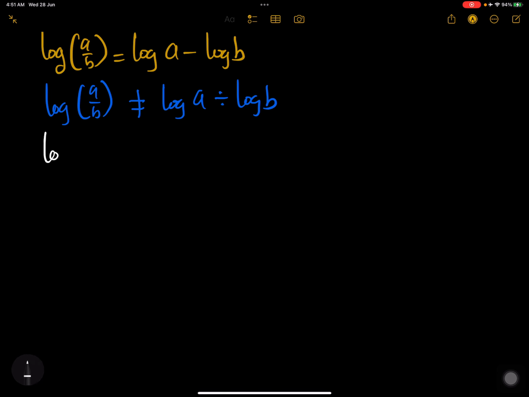Log of A over B is equal to log A minus log B. That's when it will work.